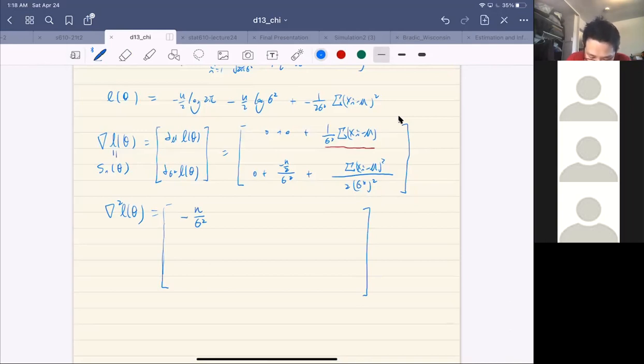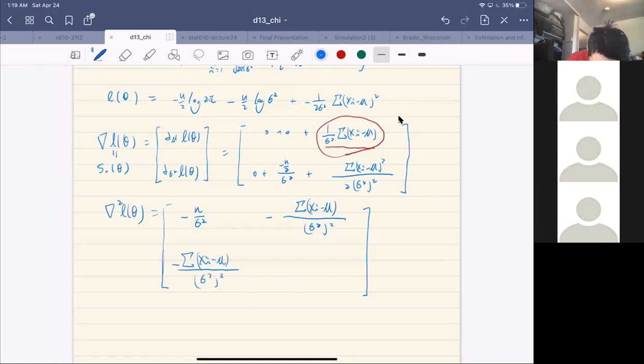And we take the derivative of this with respect to sigma squared, so that would be negative 1 over sigma to the fourth times summation x_i minus mu. The diagonal term is the same, and the off-diagonal term is symmetric, so these two are the same.